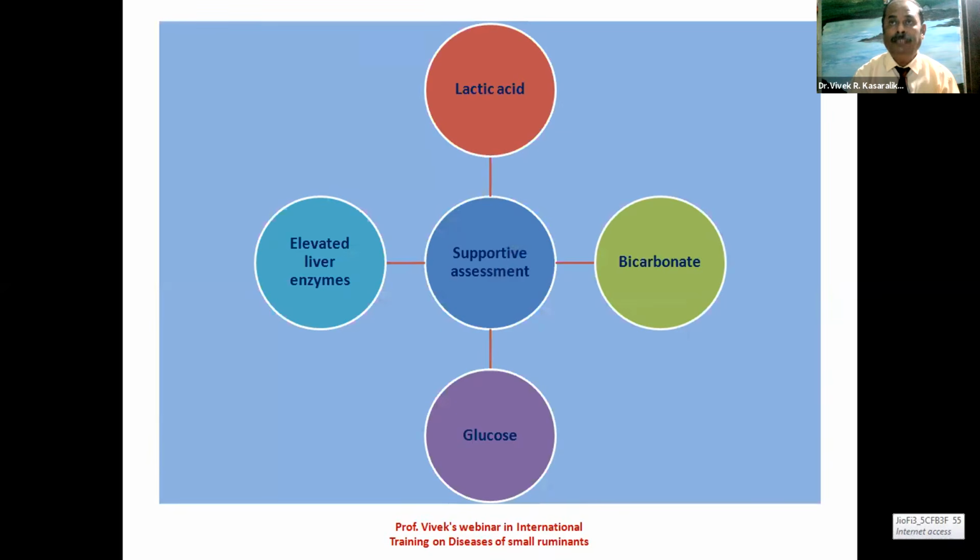If you have advanced laboratory support, you can even go for supportive assessment. This needs good laboratory support where you can estimate the lactic acid in the rumen fluid and the lactic acid in the blood. You can measure the bicarbonate, the glucose and liver enzymes.